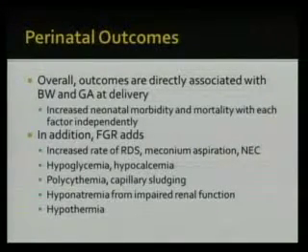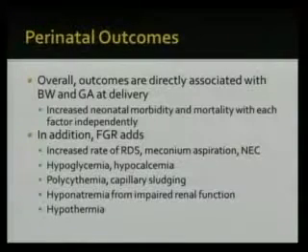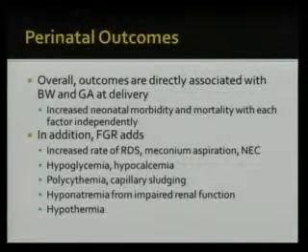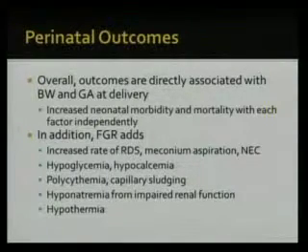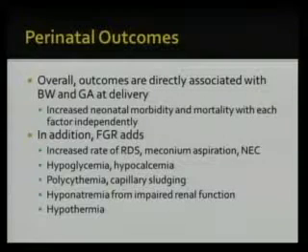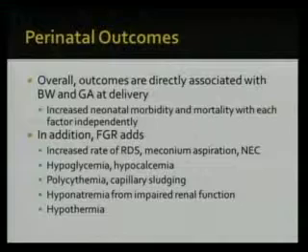They also have an increased rate of respiratory distress, meconium aspiration, hypoglycemia, hypocalcemia. They have polycythemia with capillary sludging due to hypoxia, and they have hyponatremia from impaired renal function, and hypothermia. So these babies are sicker than the small for gestational age babies.